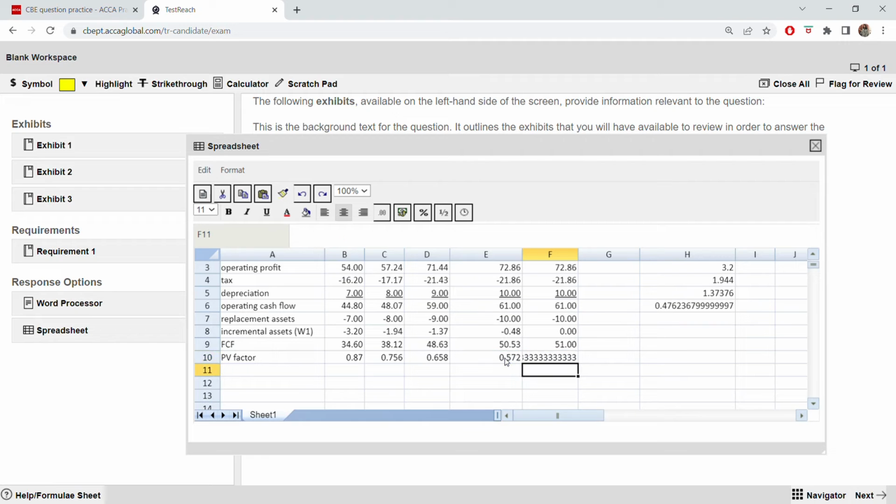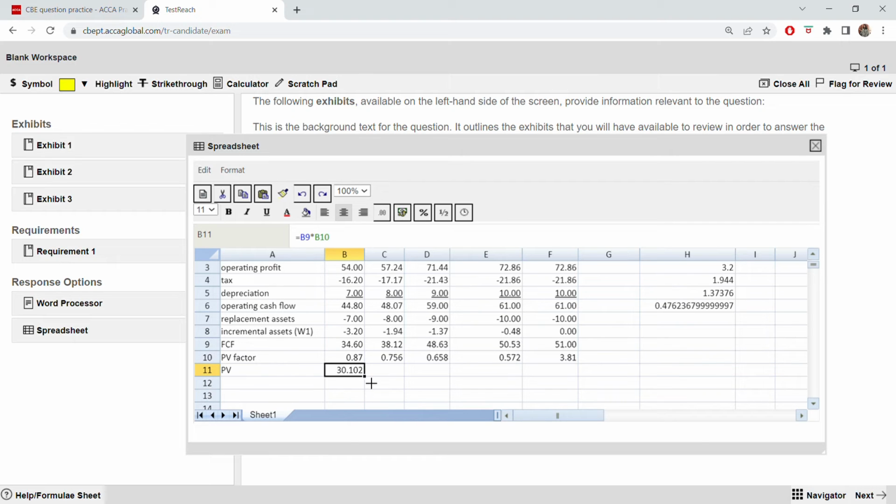Enter. It's always the previous one. I mean, the previous one is this one. Okay, this you can show in 2 decimal places. Now what is it? Present value. So present value, you need to multiply the FCF with the present value factor. Enter.